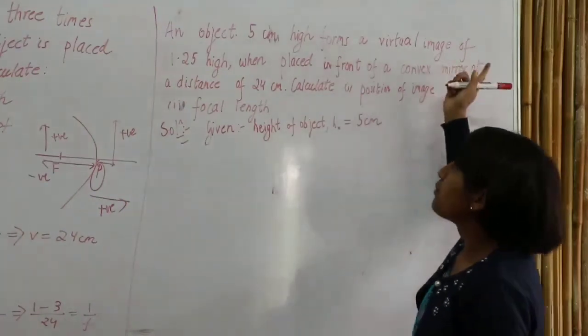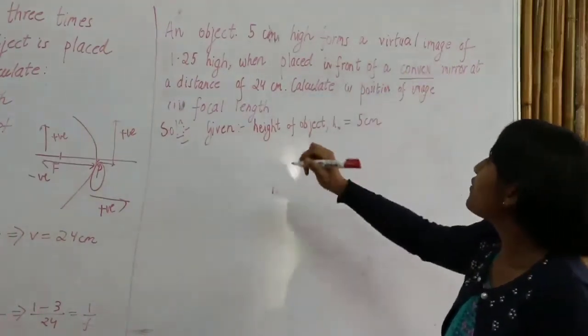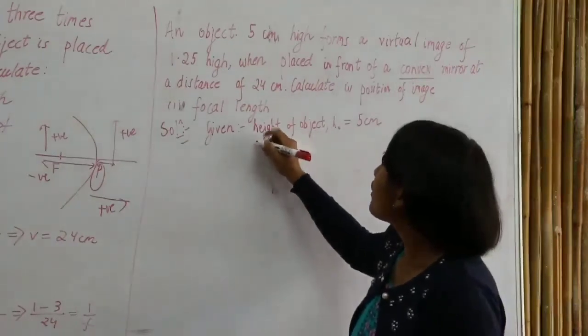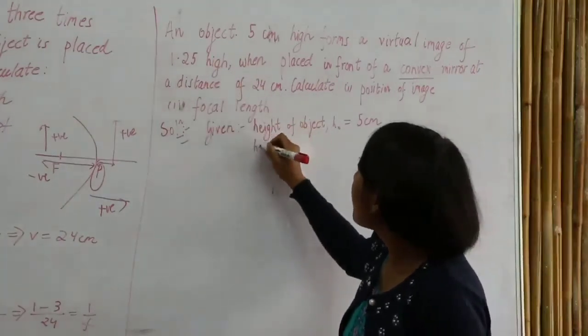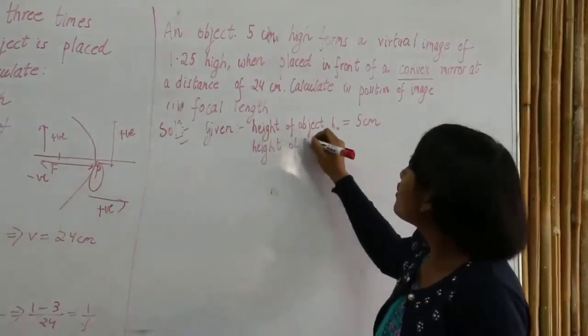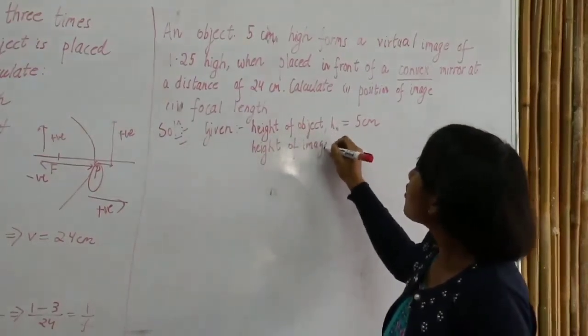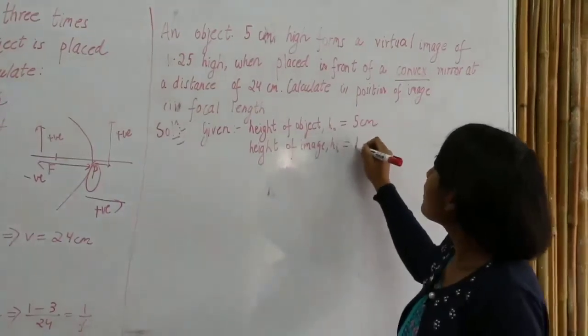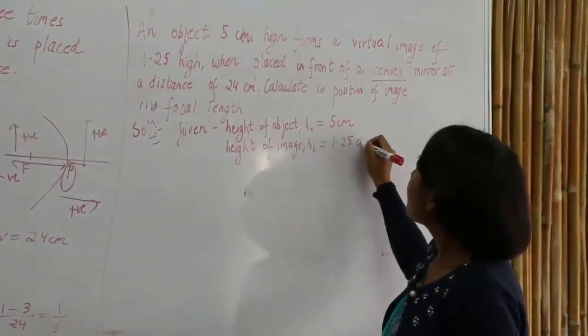It forms a virtual image, because convex always forms a virtual image, so it is erect as well, so it will be positive 1.25 centimeter.